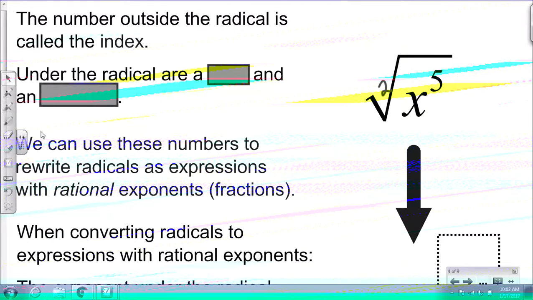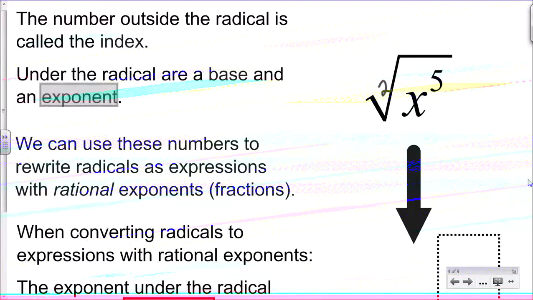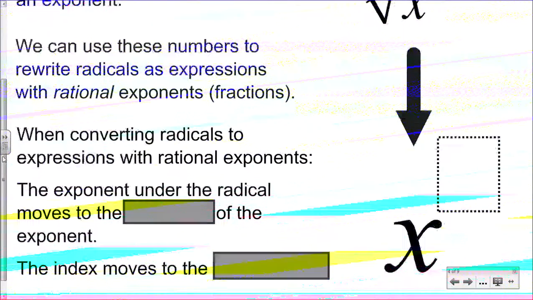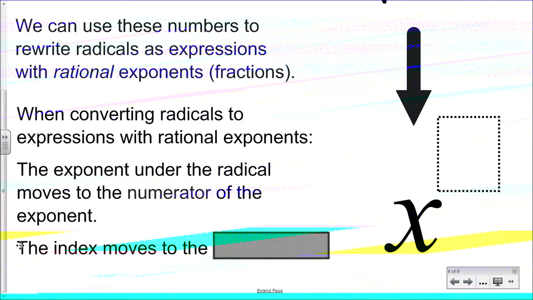The other parts you need to know are the base and the exponent that are under the radical. So my base here is x, my exponent is 5. We can use these numbers, the base, the exponent, and the index, to rewrite the radical as an expression with a rational exponent. Remember, it's a fraction. So to do that, we're going to take the exponent that's inside the radical and move it to the numerator, and then the index moves to the denominator.